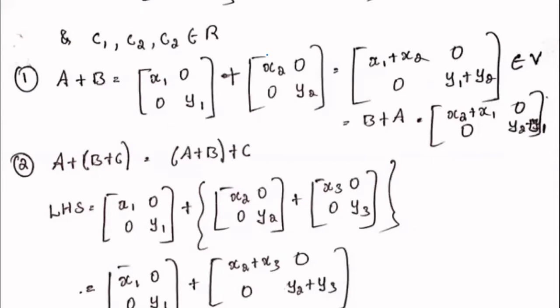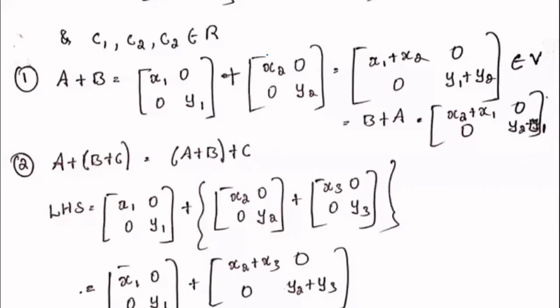You know how to add matrices: the corresponding entries are added. Position 1,1 is added with 1,1, position 1,2 with 1,2, and so on. So x1 and x2 are added, giving x1 plus x2. In the 1,2 position 0 plus 0 is 0, the third is 0 plus 0, which is 0, and the fourth is y1 plus y2. So after adding, the answer is [x1+x2 0; 0 y1+y2].